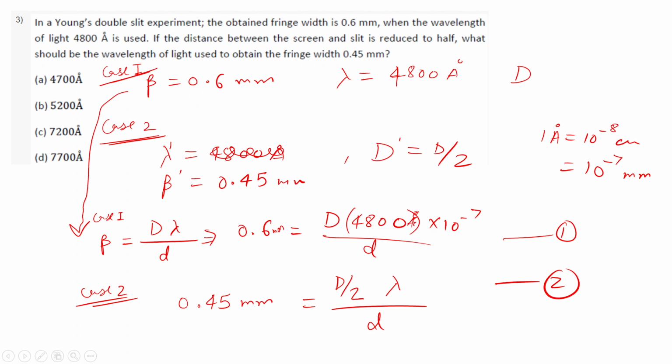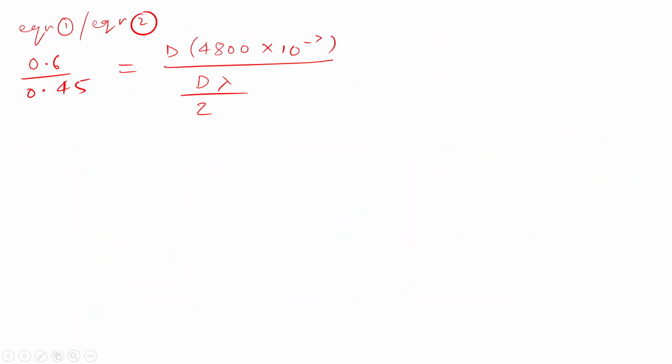Small d will be cancelled and we will be left with D by 2 lambda. Again here capital D also will be cancelled, and we will be left with 2 times 4800 into 10 to the power minus 7 divided by lambda. Now we have only a single unknown parameter, so now we can find the wavelength.